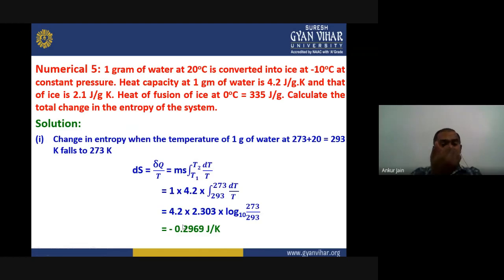That means it is with the negative sign, so entropy is decreased for this conversion.